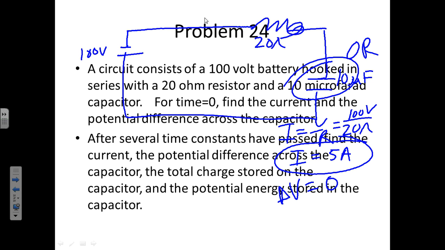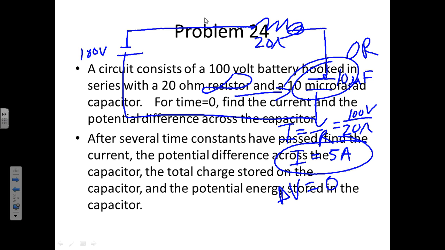But as time goes by, which is what part B is about, what starts building up on these two plates? Charges. And those charges start doing what to the other charges trying to get on them? Repelling, resisting them. So eventually, what happens to the resistance of that capacitor? It approaches infinity. And when that happens, what happens to the current?